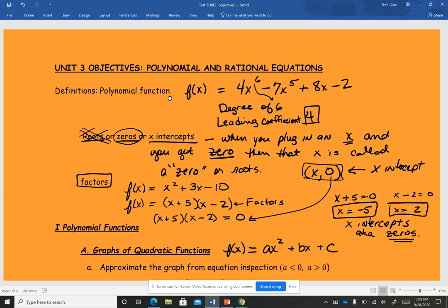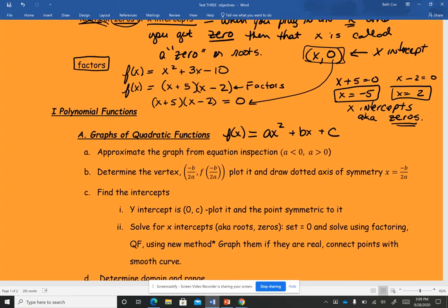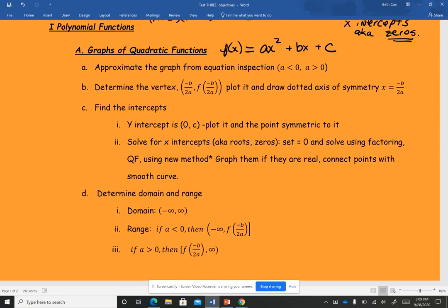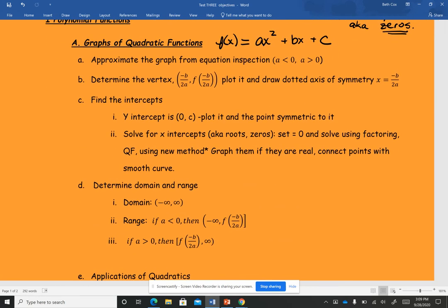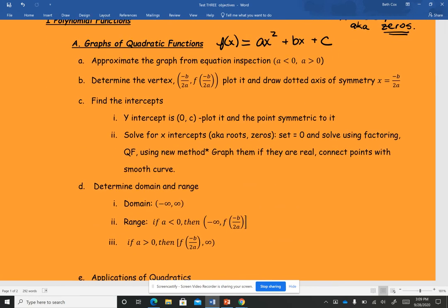Okay, so in polynomial functions, obviously I've already started you with quadratics. The first ones that we talk about are the quadratics. Okay, and so we're going to be talking about graphs of quadratics. And so right here, A through D has it all spelled out for you. So I highly recommend that you print this document, and we're going to use this as a reference for the rest of our videos.